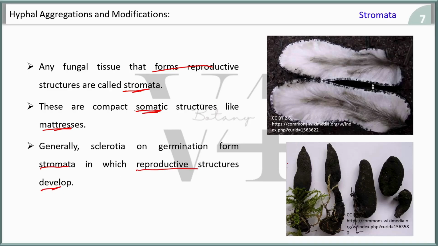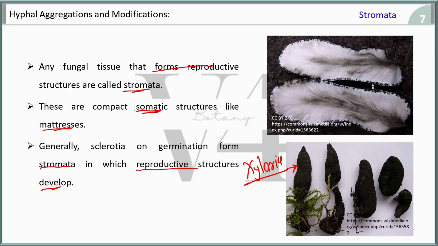Here you can see one example of stromata of Xylaria, commonly known as dead man's finger. When you take the longitudinal section or even the transverse section of this Xylaria, you will find that the central mass is made up of stromata, and in the periphery you can see fruiting bodies.